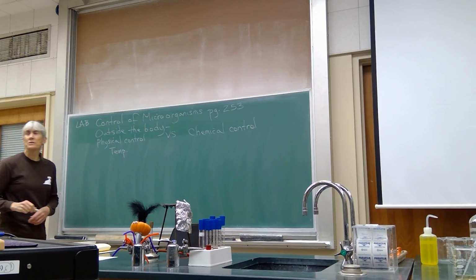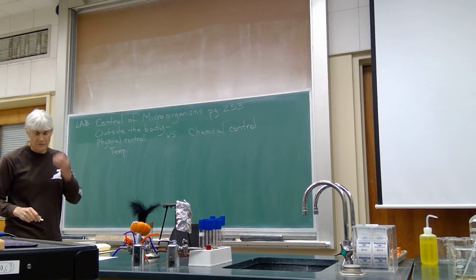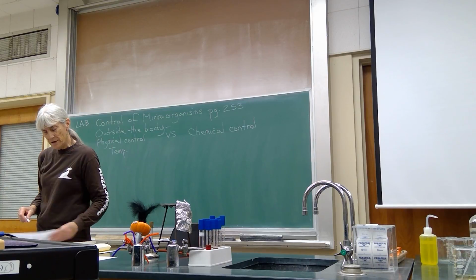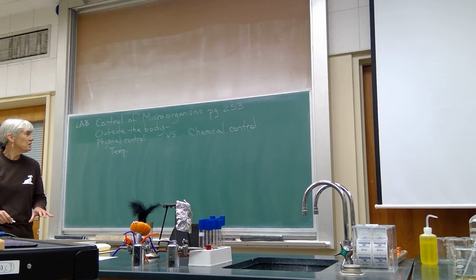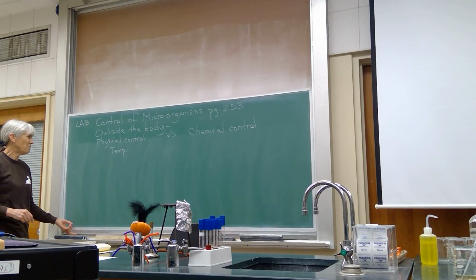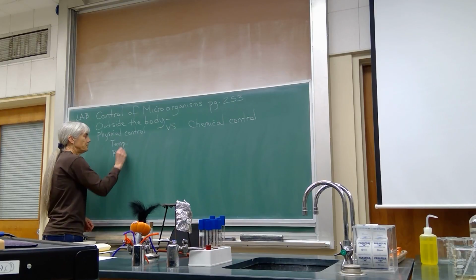We also had pressure and radiation and so forth. I think for this exercise we're using just temperature and radiation, so we're not going to be specifically testing pressure, but we did use pressure to extract chromosomal DNA from bacteria because we beat them with glass beads. So our physical factors are temp and radiation.